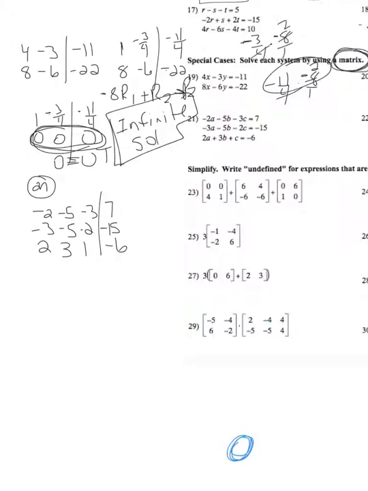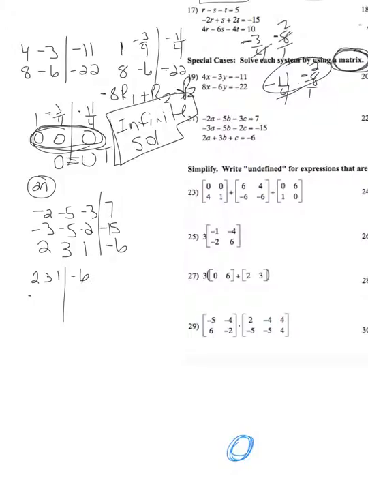So just to keep myself straight, I'm going to put this one at the top and this one second, only because I see there's a difference of 1 right there. So I think I can get a 1 out of this. But just so I don't lose anything, I'm going to reorder them here. I'm going to put the bottom row on top. So I've got 2, 3, 1, negative 6.